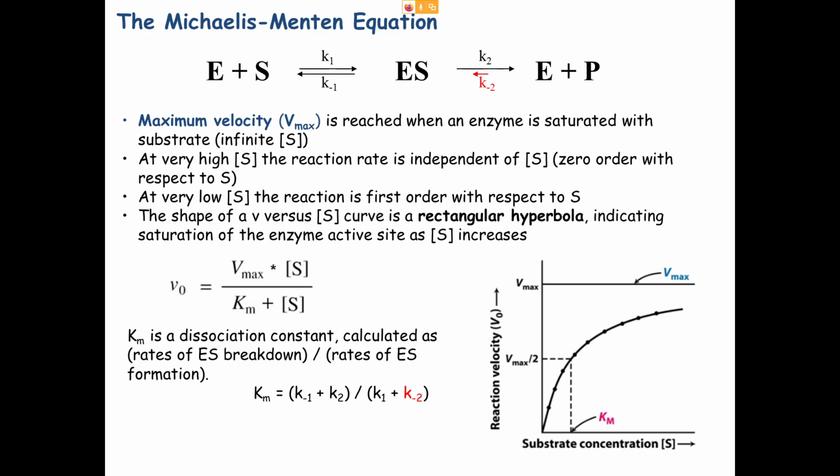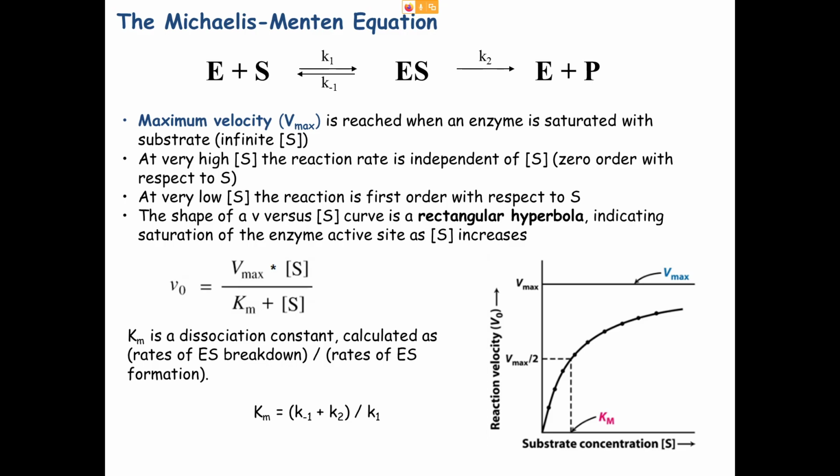Remember we said we're biasing this. This is the true equation, but we're biasing this such that we measure it only at the very beginning of the reaction. So K minus 2 is effectively 0. So we can lose it in the progress of calculating this. So that's why it appears that's the other equation. When you print the slide, it generally prints everything that could be there.